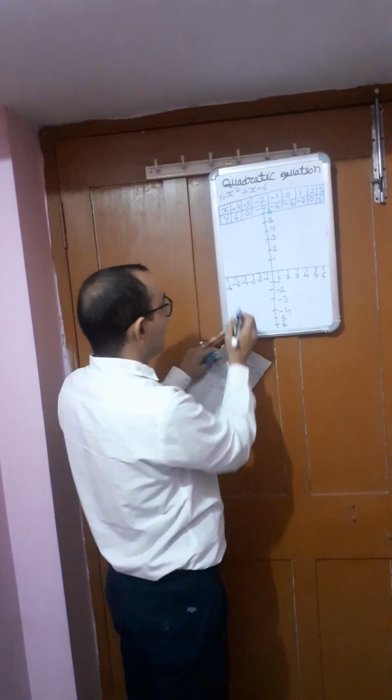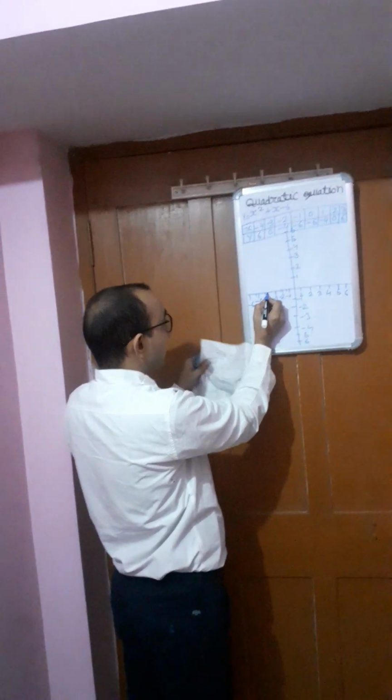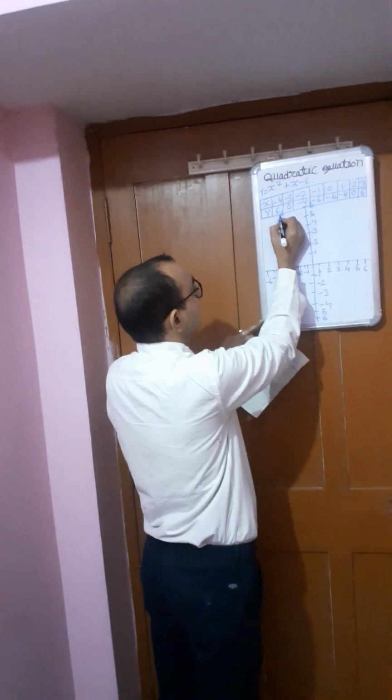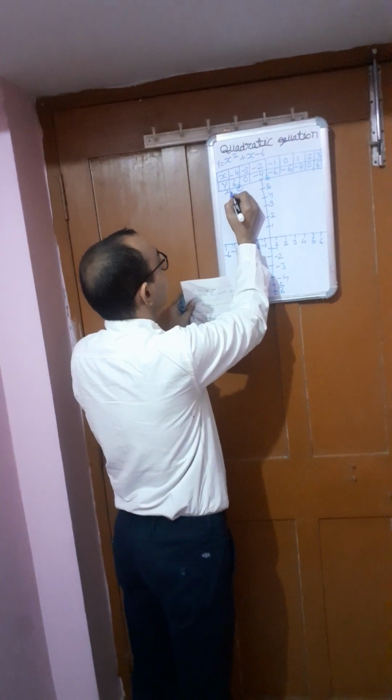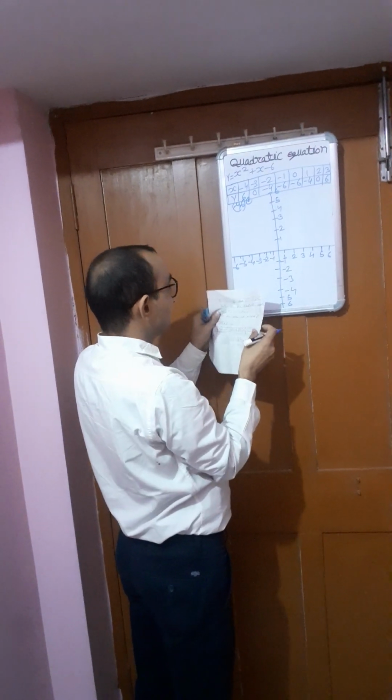Now plot the points. Minus 4 is here and y is 6, means here. Minus 3, 0.